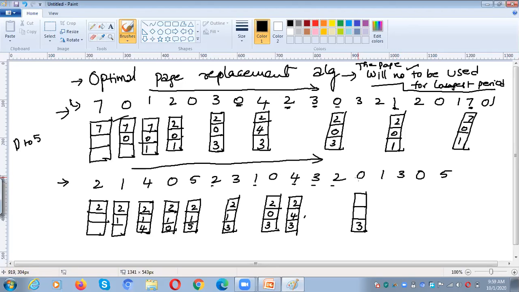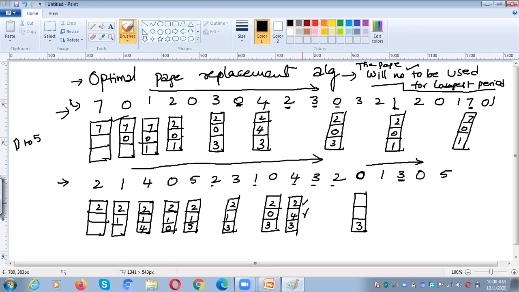So if you want to keep a 0, we need to take out either 2, 4 or 3. When we check in this direction, 3 is there in the reference string, so we should not remove 3. So we need to take out either 2 or 4. 2 is not there afterwards and 4 is also not there afterwards in the reference string.